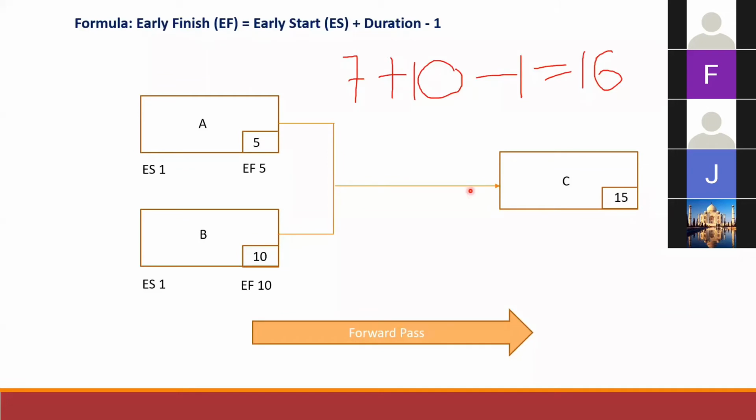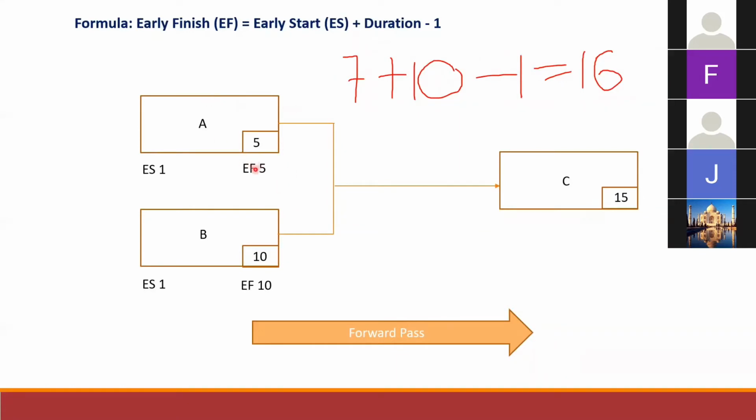So now we want to know what is the earliest start that activity C can start. You can see here, activity A, B, and C have a finish to start relationship. This means that activity C can only start once activity A and B have both been completed. So let's take a look at activity A right here.